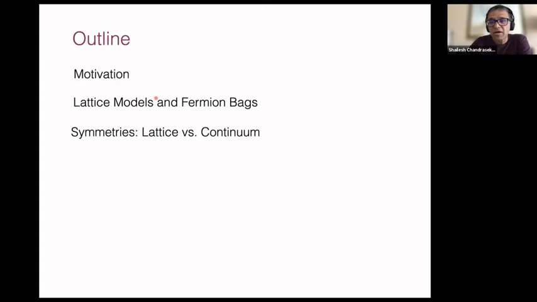And then I will talk about what the symmetries of our model are. And then in some sense, see how it embeds itself into a continuum, because this is an important thing to understand phase transitions and understand how the various critical points can be described. And this is something that has been very interesting to us.